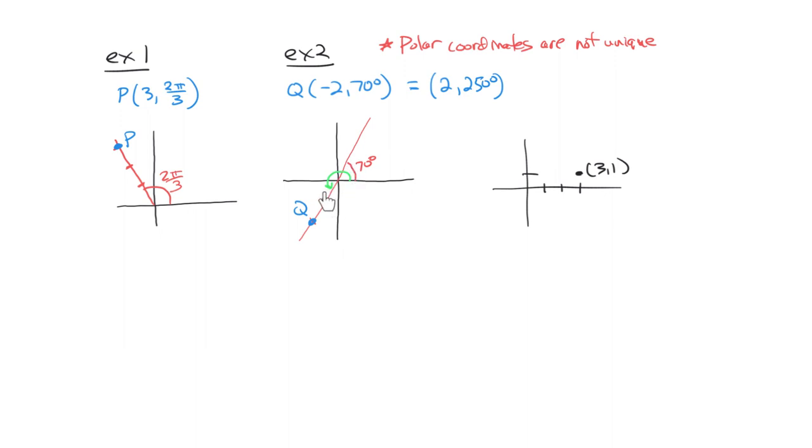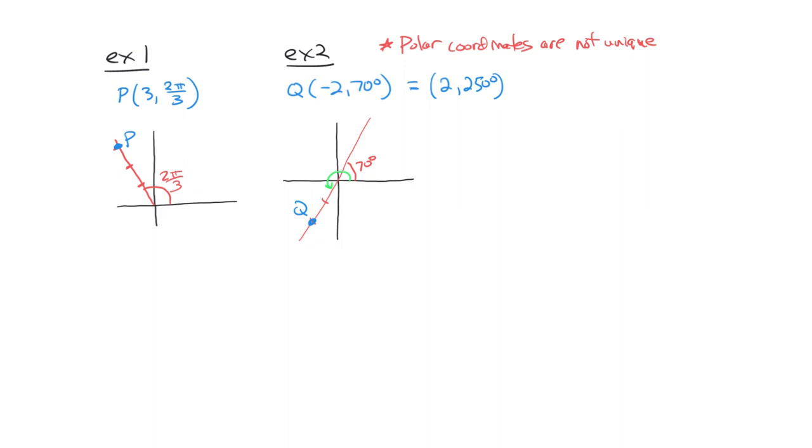You could just keep adding 360, right? So there's an infinite number of ways to do this. So in the homework, sometimes what they'll ask us is to describe this point using a positive r and also a negative r. Okay. So, all right, let me make some room here for the next one.